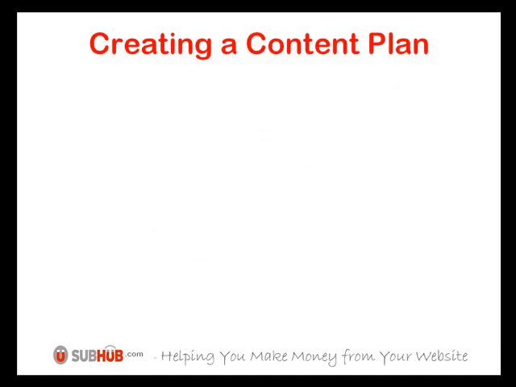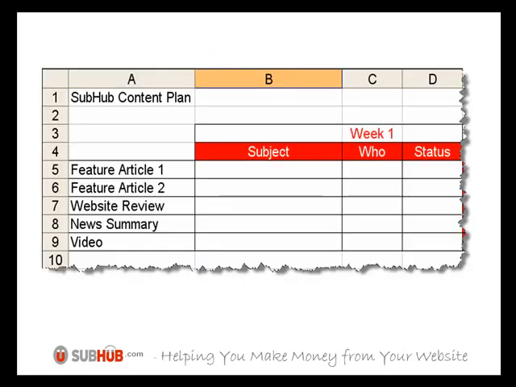And the final thing you must do is create a content plan to bring all this stuff together. I use an ordinary spreadsheet like Microsoft Excel or the free spreadsheet in Google Docs. Down the left-hand column, I write the mix of articles that I plan on regularly producing.